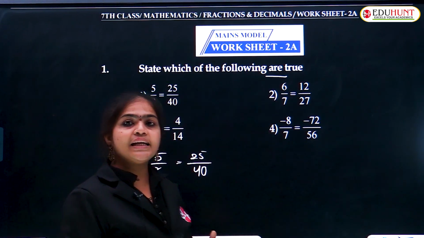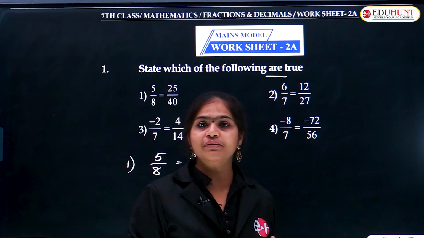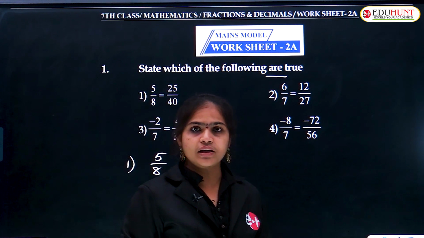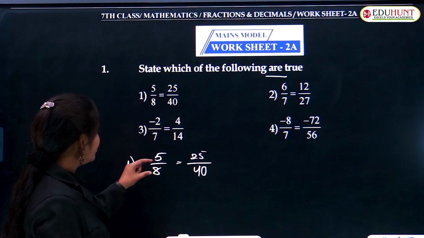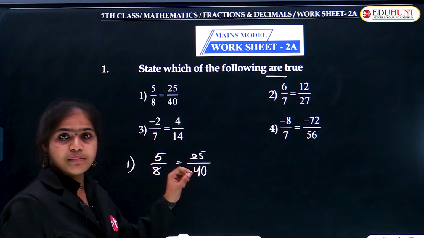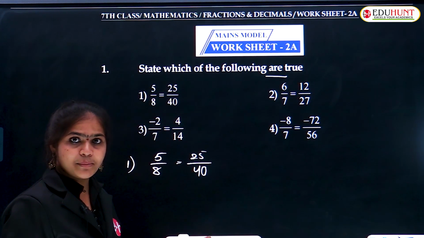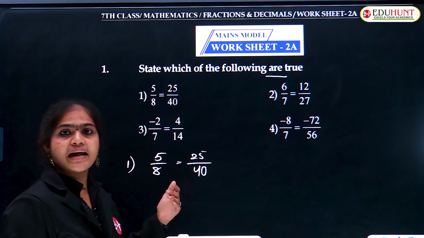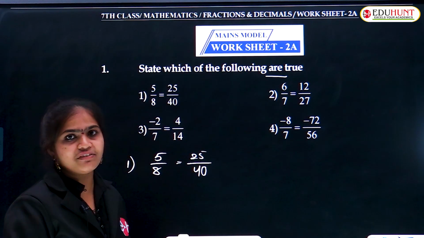How do we find an equivalent fraction of a given fraction? By multiplying or dividing. Both numerator and denominator should be multiplied by the same number or divided by the same number. Then the fraction we get should be considered the equivalent fraction of the given fraction.